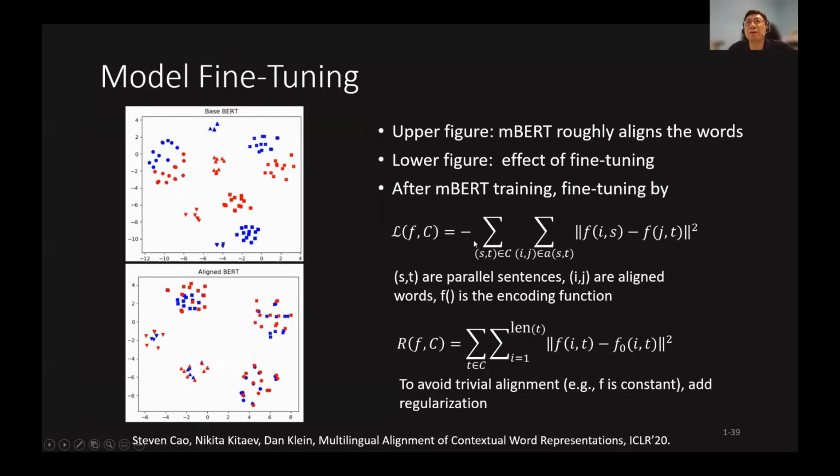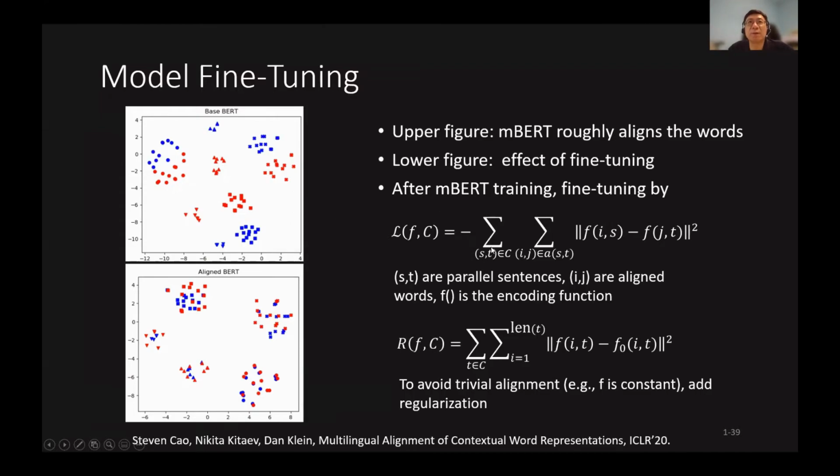So in this loss function, F is the MBERT model, and C is the parallel corpus. So for each pair of parallel sentences, S and T in the corpus C, we want to minimize the distance between the representations for the aligned words I and J in the parallel sentences S and T, respectively. So back to these two figures, for the base MBERT model, where no minimization process is applied, the distance between the aligned words is still pretty large.